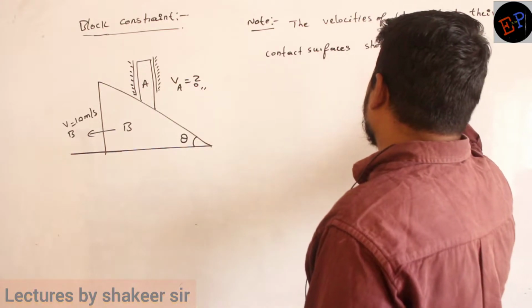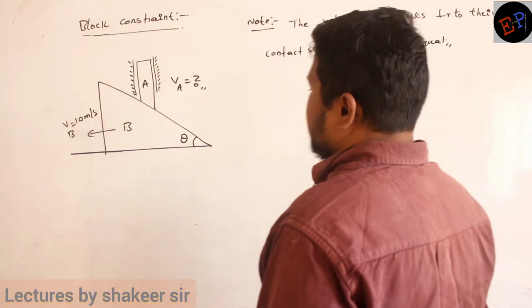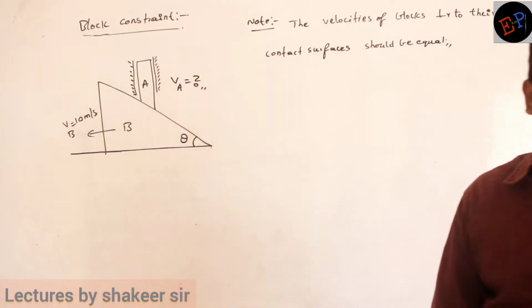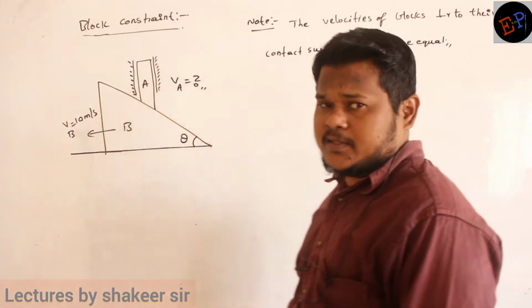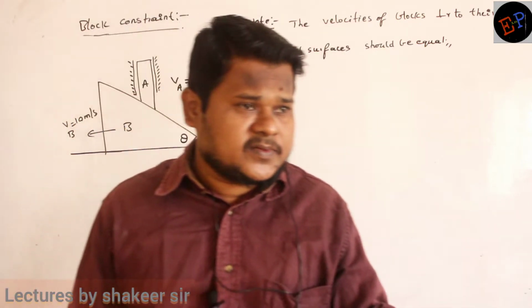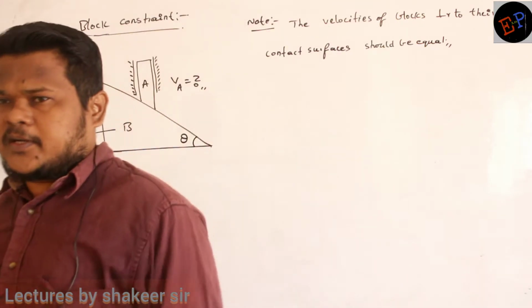Are you able to understand now? So which velocities are equal? Velocities which are perpendicular to the contact surface. They are equal.